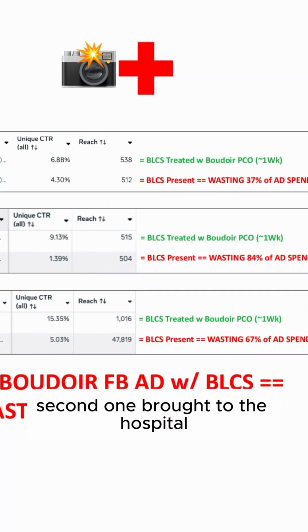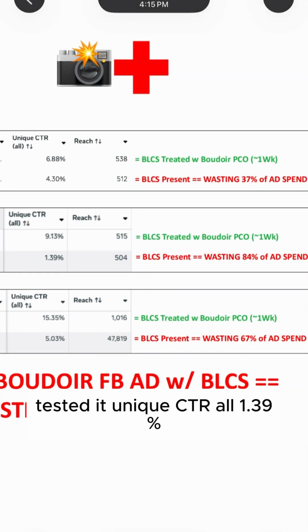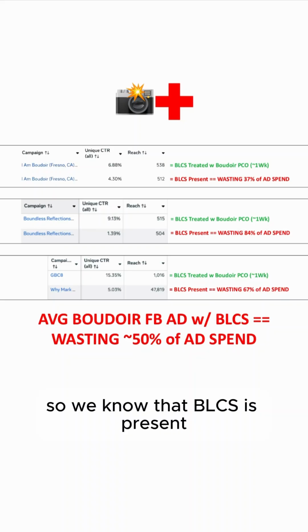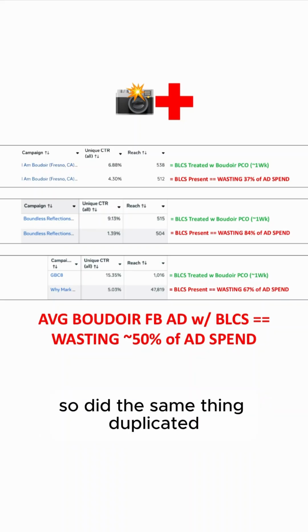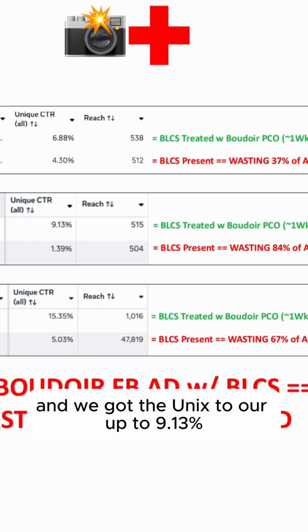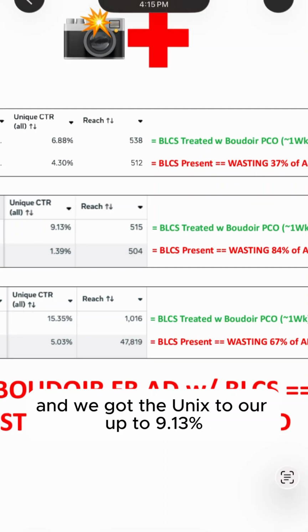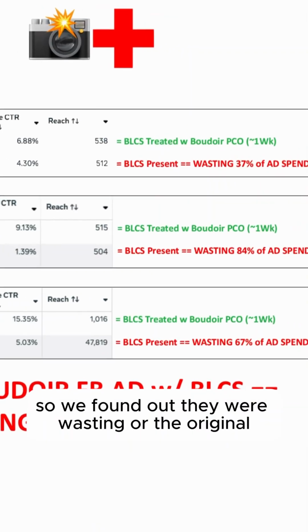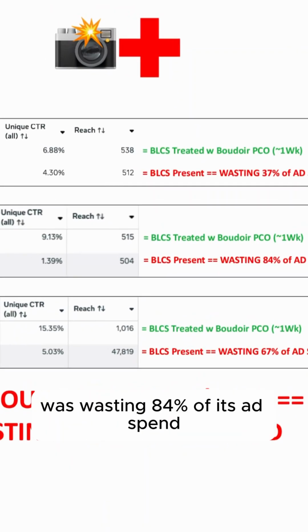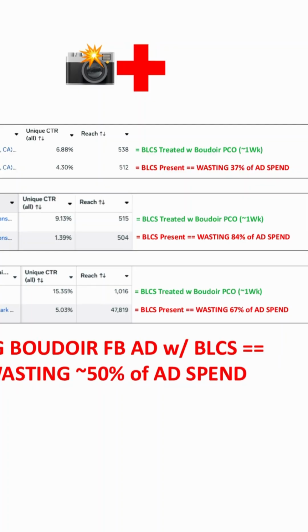Second one, brought it to the hospital, tested it, unique CTR 1.39%. So we know that BLCS is present. Did the same thing, duplicated it, treated it with Boudoir Pico. Takes about a week, and we got the unique CTR up to 9.13%. So we found out the original was wasting 84% of its ad spend.